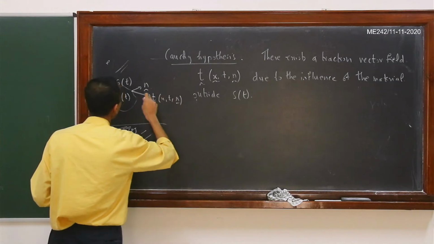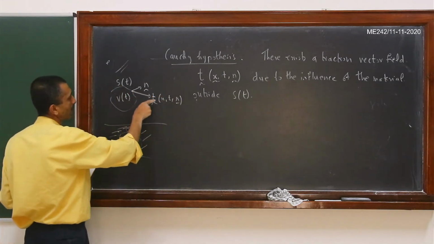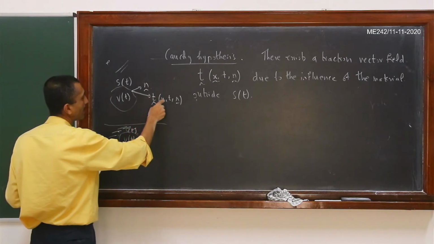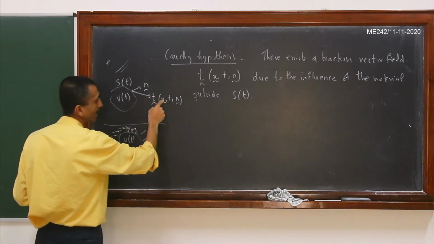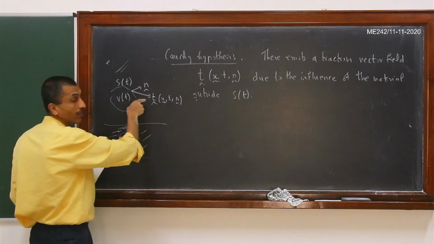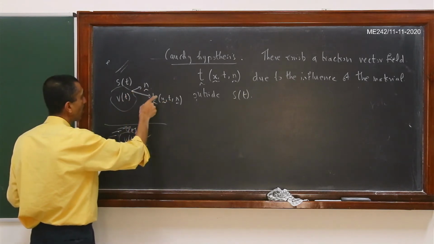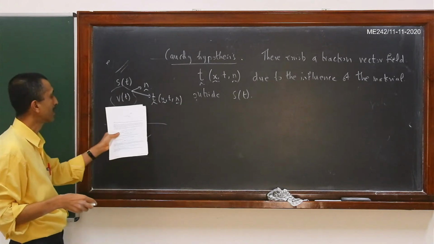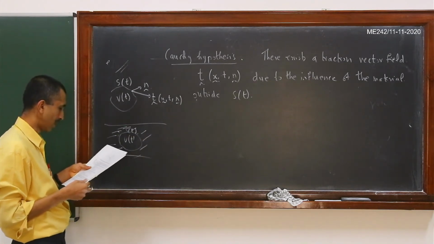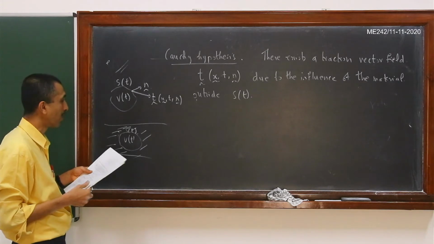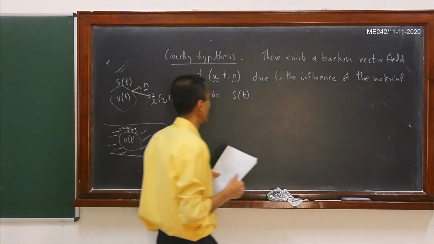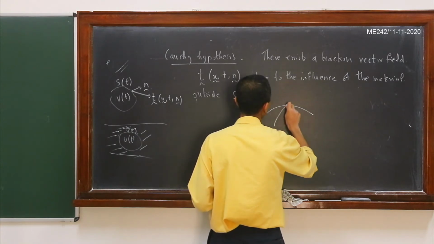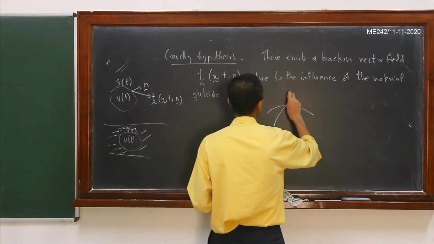At every point on the surface, this traction will act in some direction, and it will be a function of the position vector, time, and also the normal. The dependence on the normal is very important, and we have to understand it. Suppose you take two surfaces with the same normal, let us take this n.